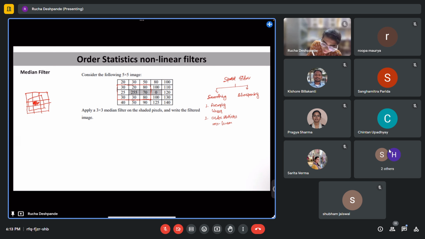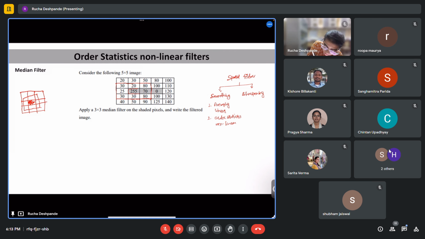So let's see for 255. So to calculate the median of a population, what we do is we arrange all the numbers in ascending order and take the central value, which is the median of that population. So here we have 9 values. So first we'll arrange them in ascending order.